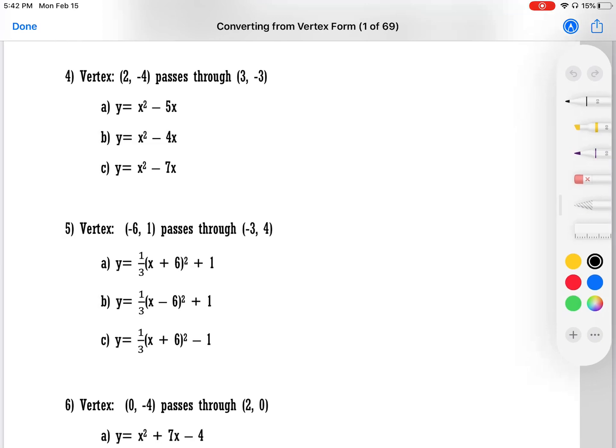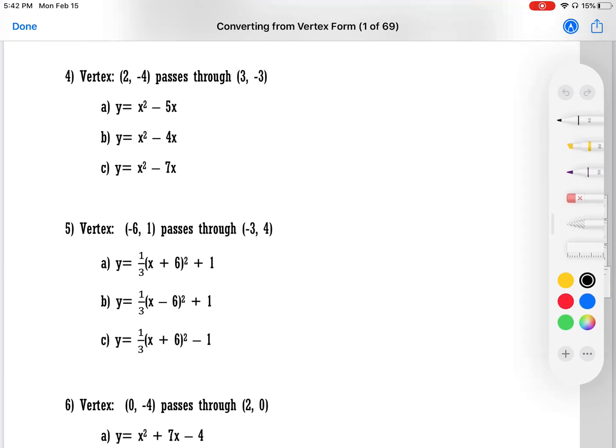So number 4, what you're going to do, this is how we do this in Desmos. Your teacher can help you with Desmos once you get to this one here. So what we do is we go to the y equals. Every time you see y equals, you plug this into Desmos. So you're going to plug in y equals x squared minus 5x.